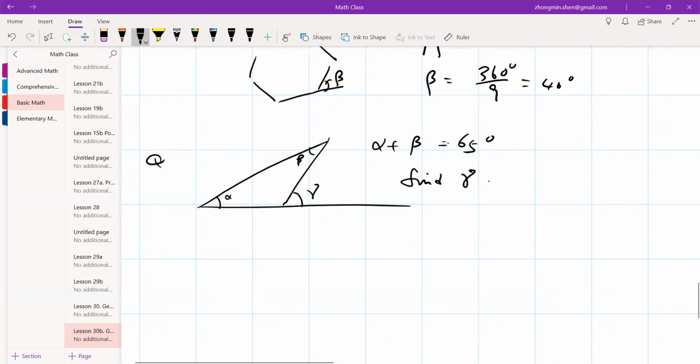I don't know the exact value of alpha or beta, but the sum of those two angles is 65 degrees. Can you determine the gamma?